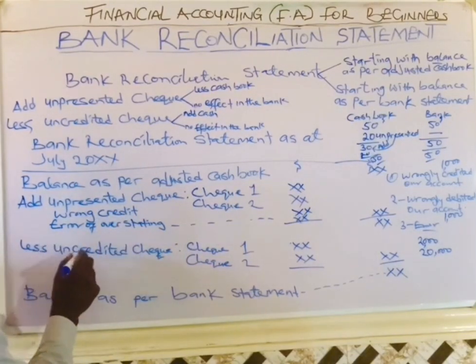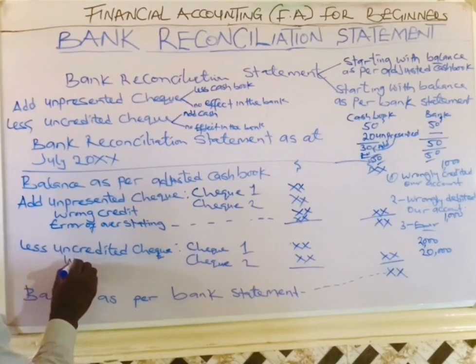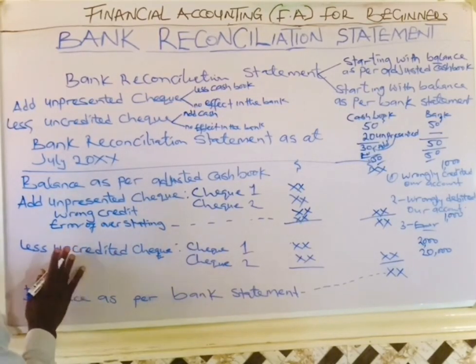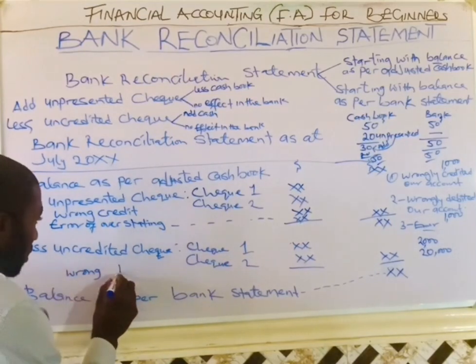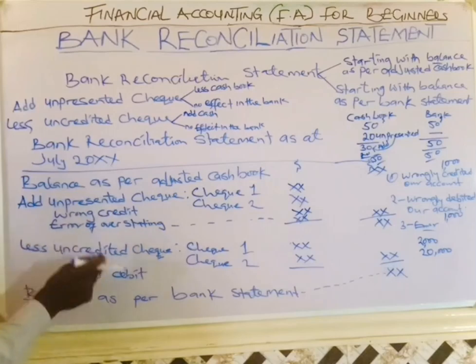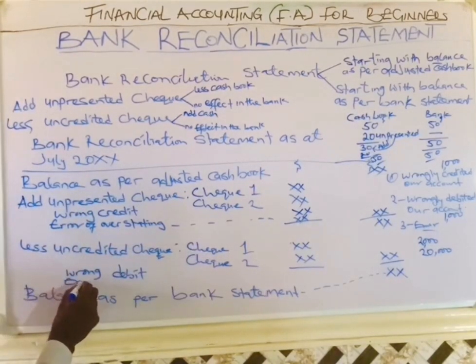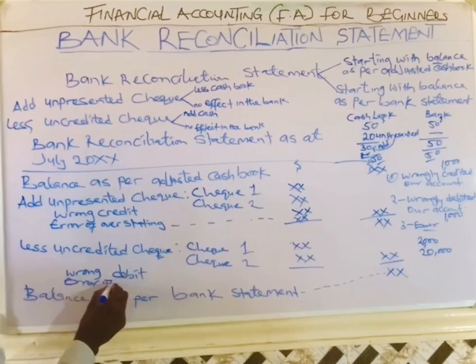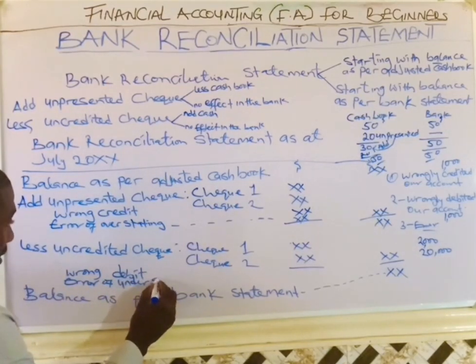So your uncredited check will always come with wrong debits, wrong credit here will be wrong debits, an error of understating.